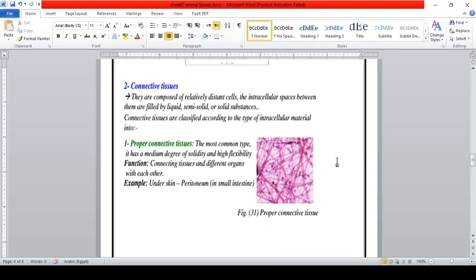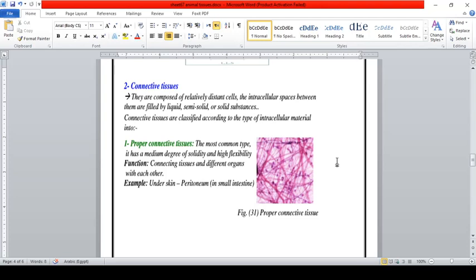We have semi-solid, solid, or liquid substance, and according to the type of this substance we have three main types of connective tissue. We have the proper connective tissue, the skeletal connective tissue, and the vascular connective tissue.